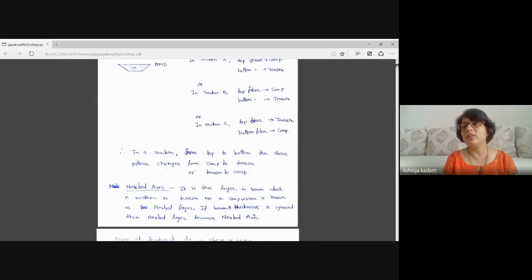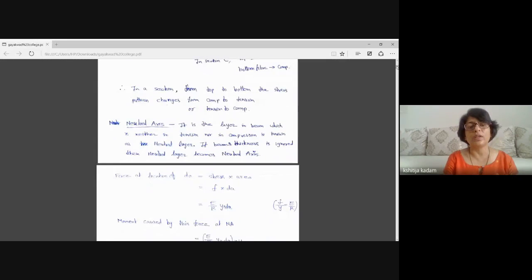That means in between the top and bottom fiber, there will lie something which is called as neutral axis. What is this neutral axis? It is the layer in the beam which is neither in tension nor in compression, is known as neutral layer. This entire layer will be called as neutral layer.